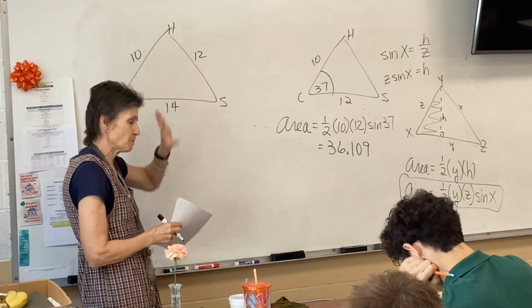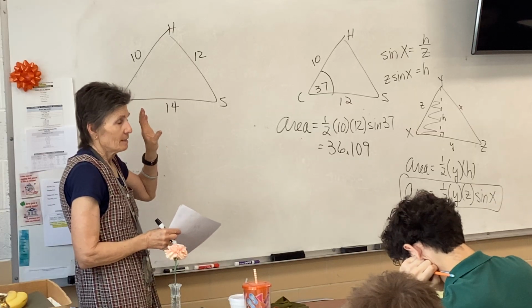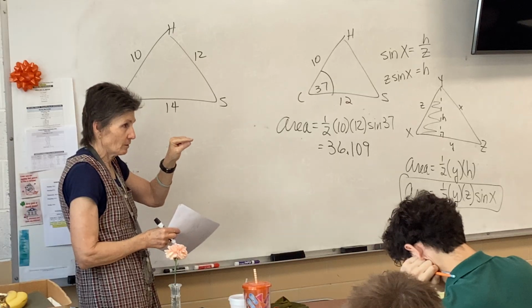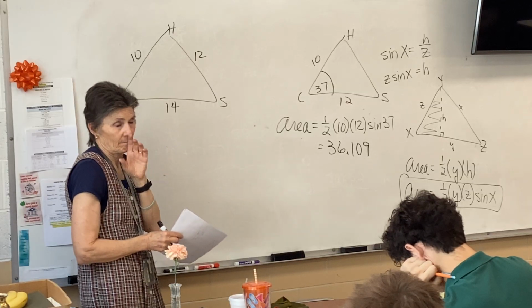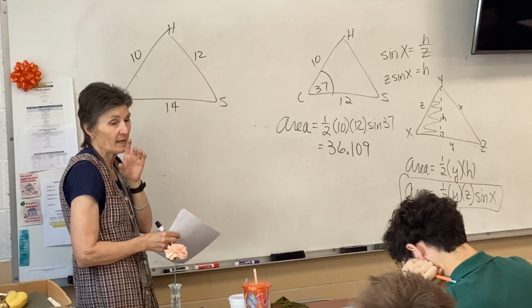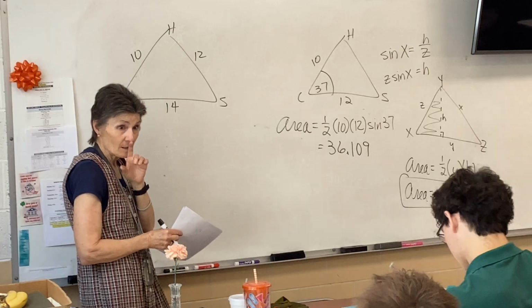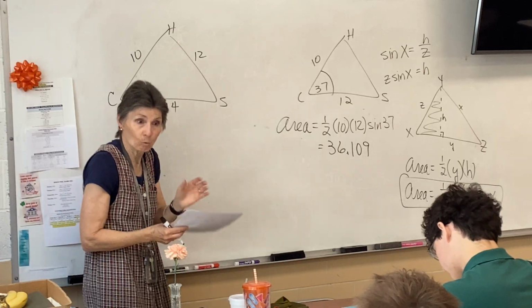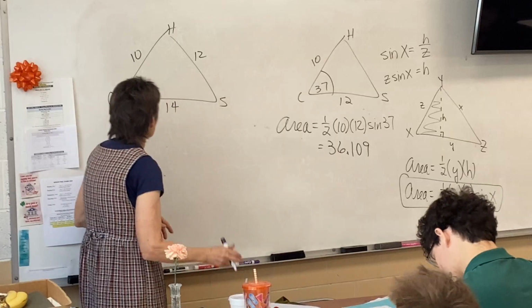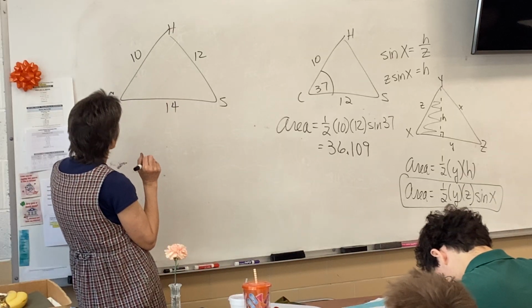We have, but let's pretend we haven't. To find the area of this triangle, what do I need? An angle, right? So let's find an angle. We know how to do that. Which angle do you want to find?